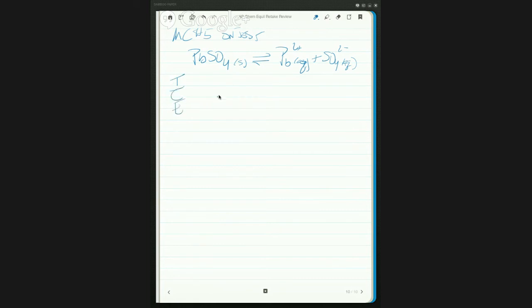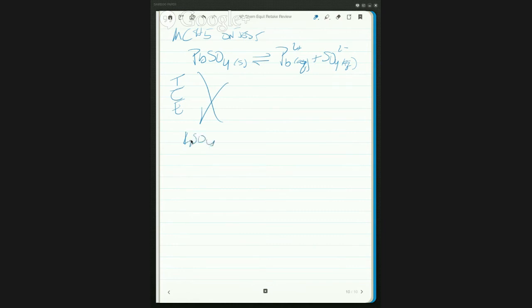Create a new page. All right, so this one is multiple choice number 5 on the test. We have PbSO4, which is solid, in equilibrium dissolving into Pb2+ aqueous plus SO4 2- aqueous. And if we did an ice table, just as an example, you're adding K2SO4.